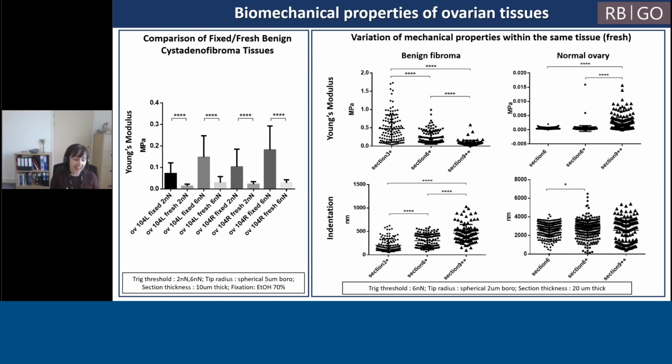In the graph on the left, we examined the effect of fixation on the mechanical properties of ovarian tumor tissues, where we can see that fixation by ethanol increases the Young's modulus of the tissue samples. On the graphs on the right, we've examined the heterogeneity of these ovarian tumor tissues, where we can see that even within the same tissue sample, there are significant variations in the Young's modulus.